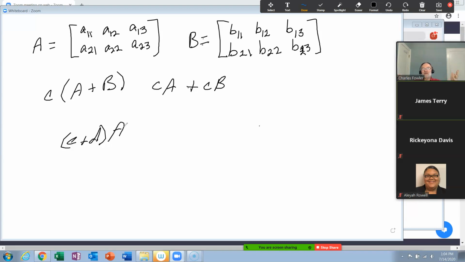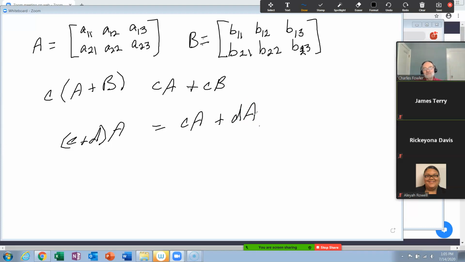Every one of those is distributing two numbers over another number, the sum times the product. You can split them up and call that CA11 plus DA11, CA12 plus DA12, CA21 plus DA21. Just do them like that, split them up, and you get the same thing as CA plus DA. That's number 8. Okay?